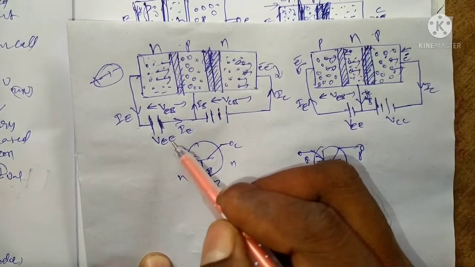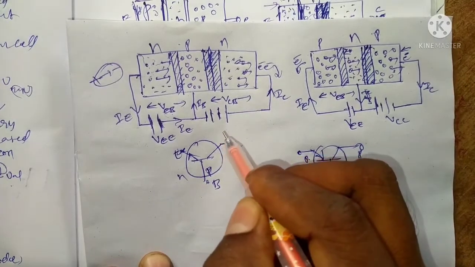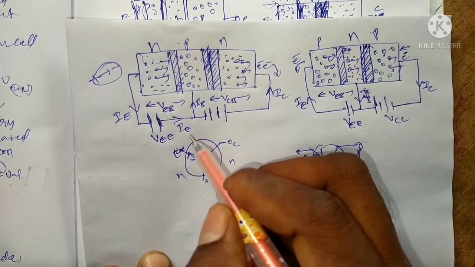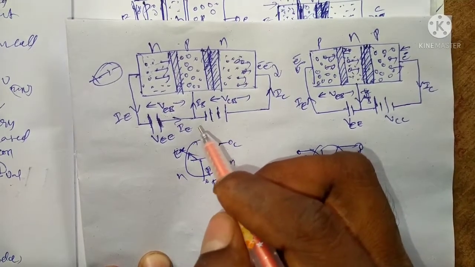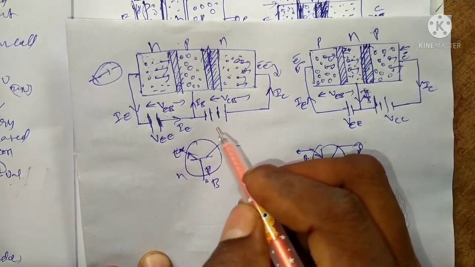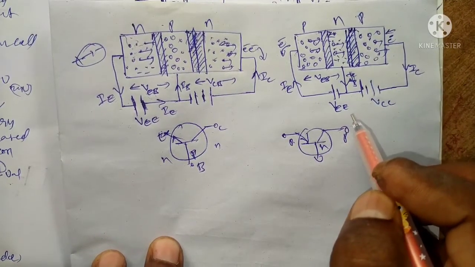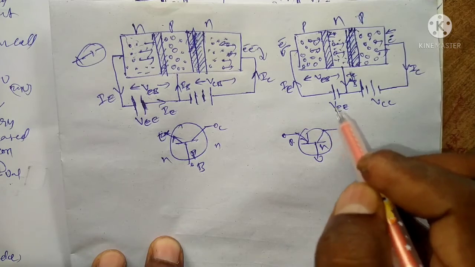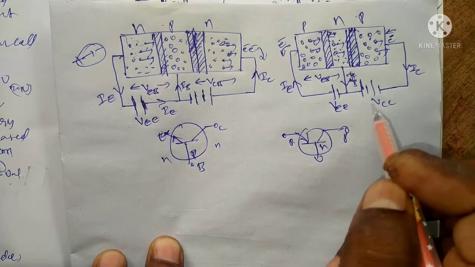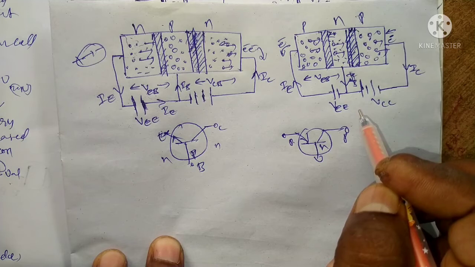Here VEE and here VCC are the power supplies in the circuit. VEE is the emitter power supply voltage, and VCC is the collector power supply.